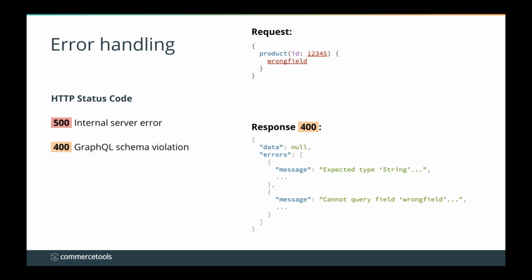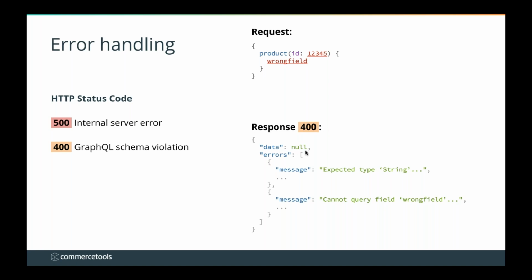400s. This means that your query violated the GraphQL schema, and only that. So there's no bad request in the more general sense. It's just a schema violation. And we can see this example. In this example, we are requesting products with an ID that is a number when it should be a string, and with a field that doesn't exist. So when we execute it, it's going to return us a 400.